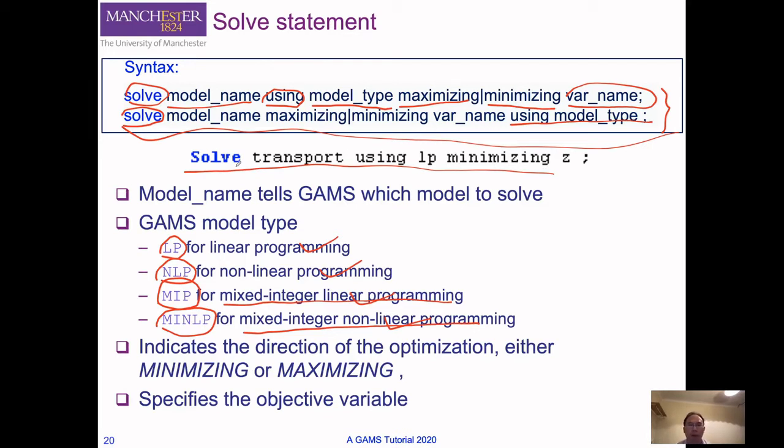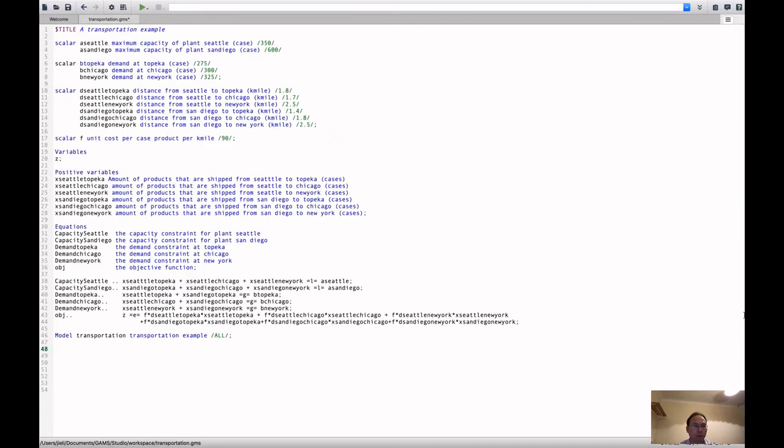Okay, let's go back to GAMS and use this solve statement to solve the model we defined. It begins with the keyword solve, S-O-L-V-E, solve. Following that is the model name. In the model statement, we define the model name as transportation.